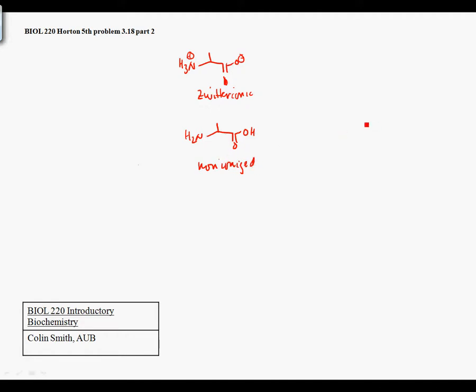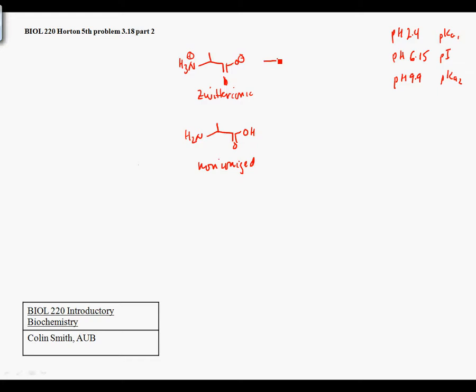And the question is, what would be the concentration of this at pH 2.4, which is the pKa of the carboxylic acid of alanine, at pH 6.15, which is the isoelectric point of alanine, and pH 9.9, which is the pKa of the conjugate acid of the amino group.